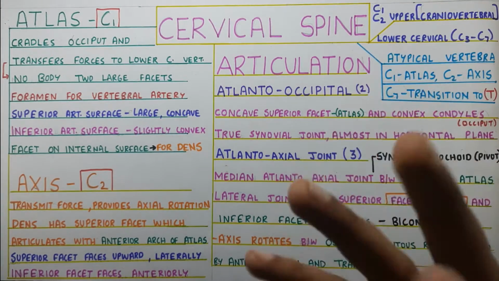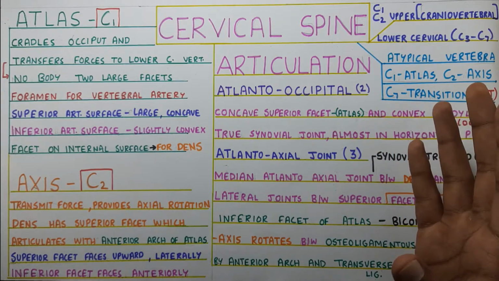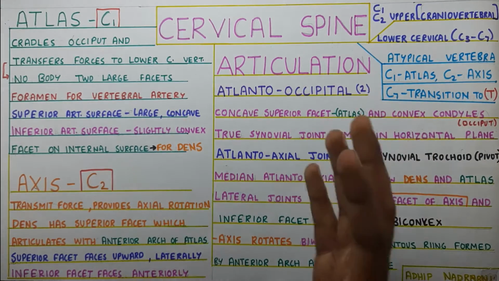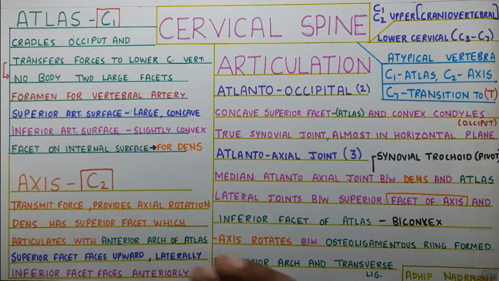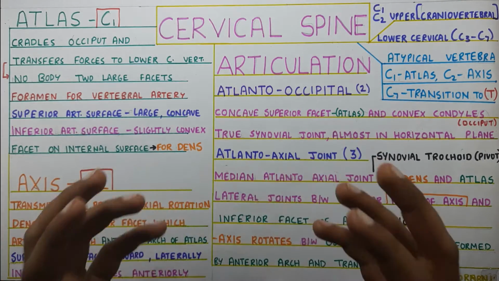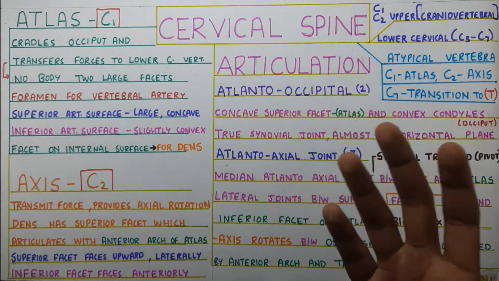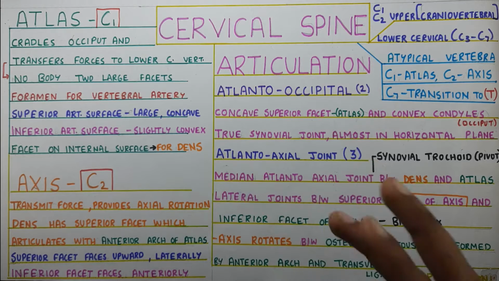There are two types of vertebrae: the typical vertebra and the atypical vertebra. We have talked about the typical vertebra in our previous video, which has a body, the transverse process and the spinous process. But there are also the atypical vertebrae, which do not follow the exact same structure.